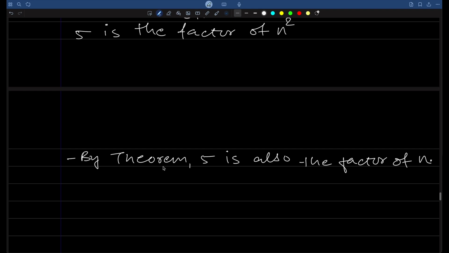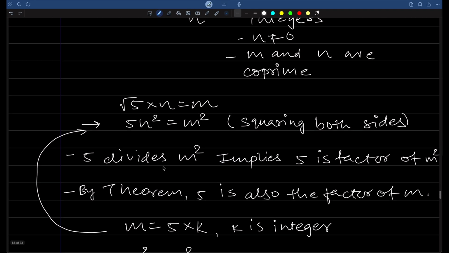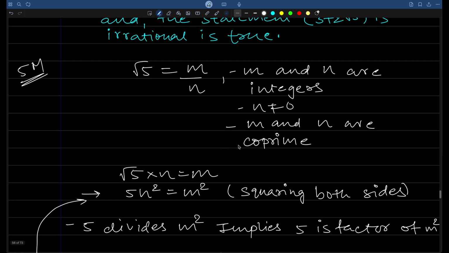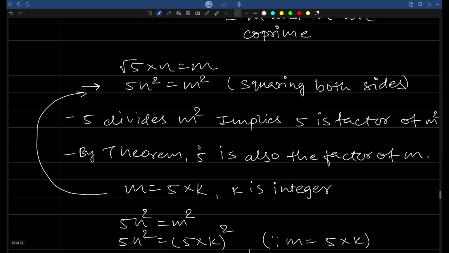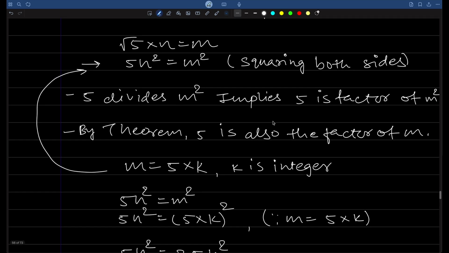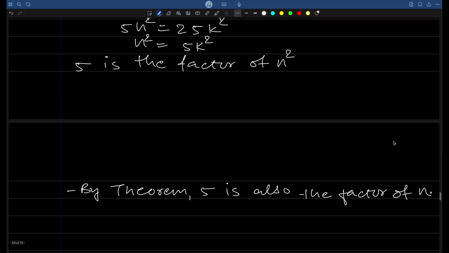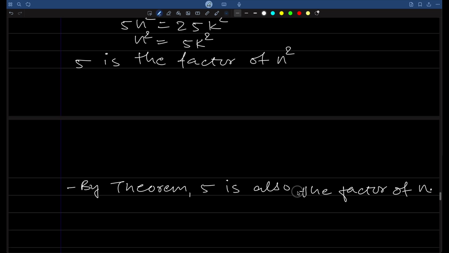But this contradicts the fact that m and n are co-prime. This means that m and n do not have any common factor, but here 5 is a factor of m and 5 is also a factor of n.